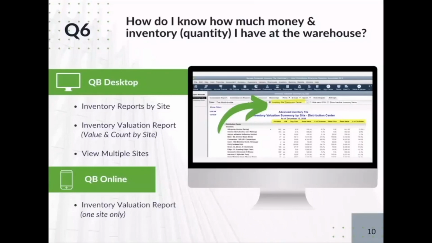Let's say they're taking the product on a truck. I need to know how much is on that truck, and sometimes we have to place orders so that each truck stays with the same amount of inventory. This allows us to see what the value is on the truck, how much they actually have, as long as when we're doing our invoices, we're pulling from the right location.